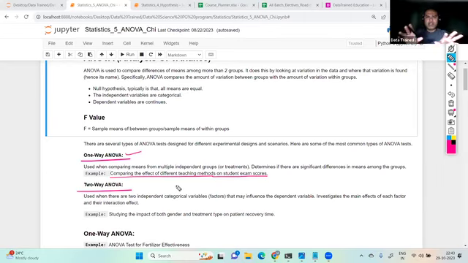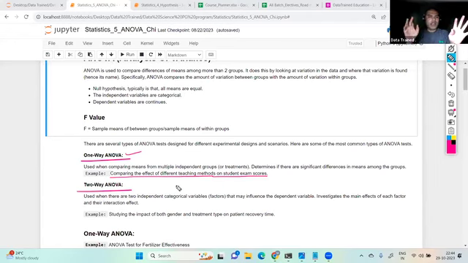So here we are trying to understand theoretically. Then two-way ANOVA: studying the impact of both gender and treatment type on a patient's recovery time.